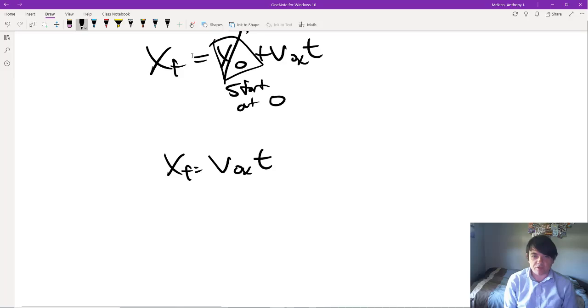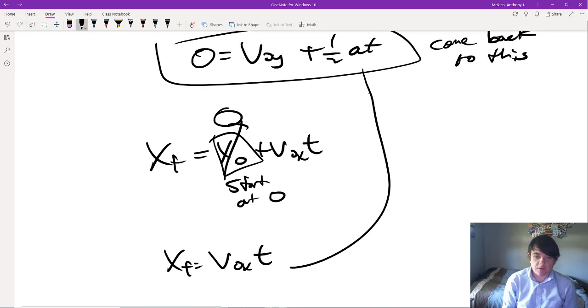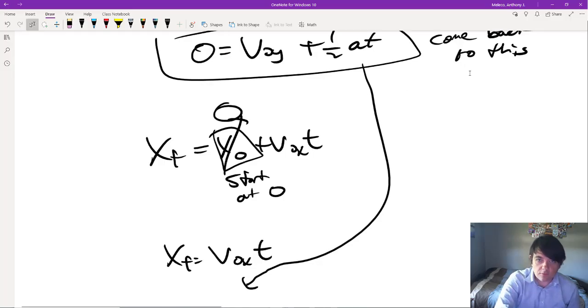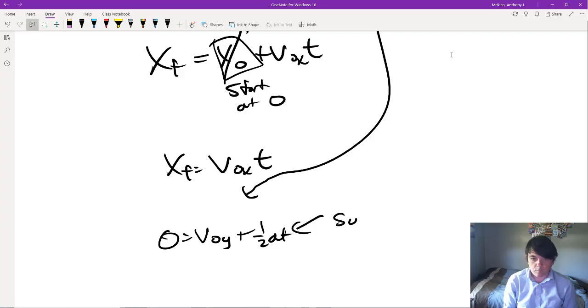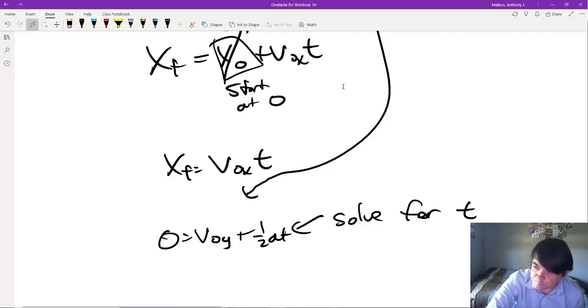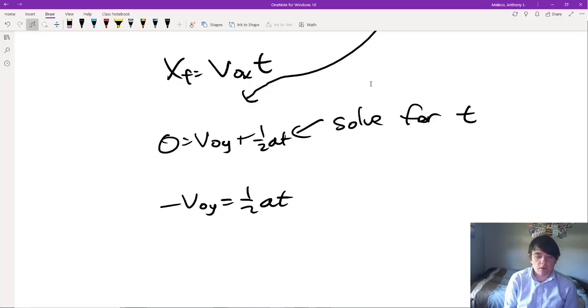And now let's solve the y equation for time. So let's take this, move this down here. So 0 equals v naught y plus 1/2 a t. So we're going to solve for time. So minus v naught y equals 1/2 a t, minus 2 v naught y over a equals t.